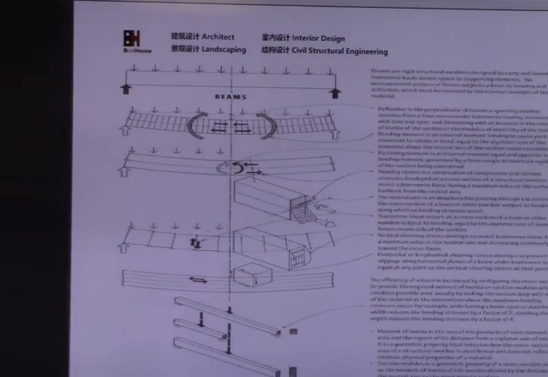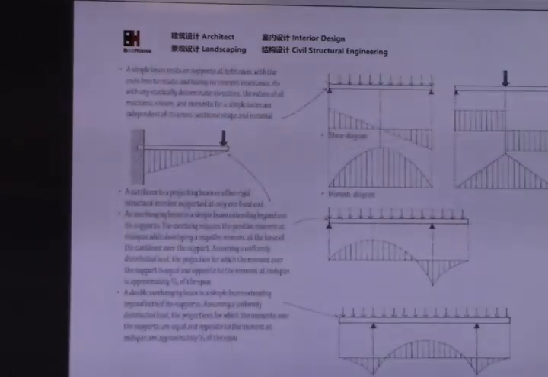That means if you see the beam has torsion here, it is buckling. It cannot resist, it cannot take any more load. This is a beam, almost like the columns, just horizontal.